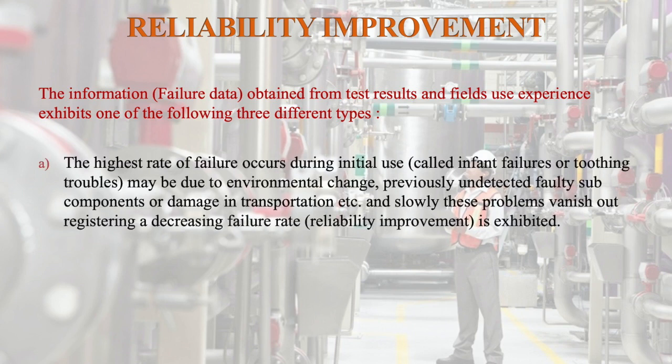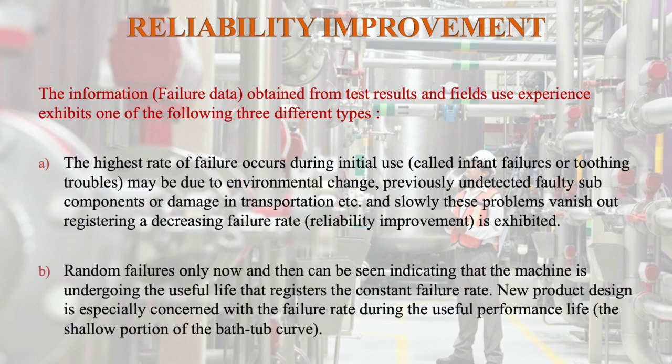A. The highest rate of failure occurs during initial use, called infant failure or teething troubles, which may be due to environmental changes, previously undetected faulty subcomponents or damage in transportation, etc. And slowly these problems vanish out, registering a decreasing failure rate.